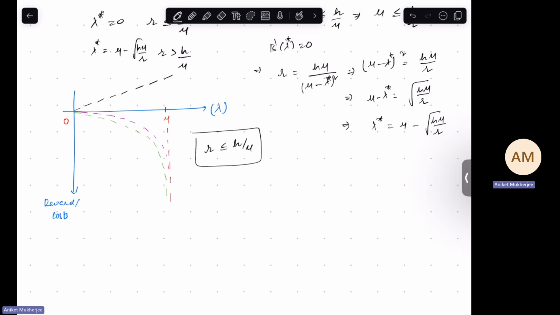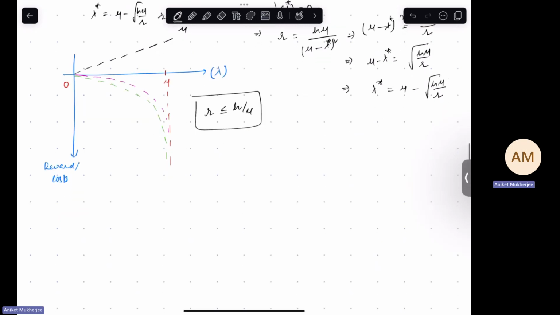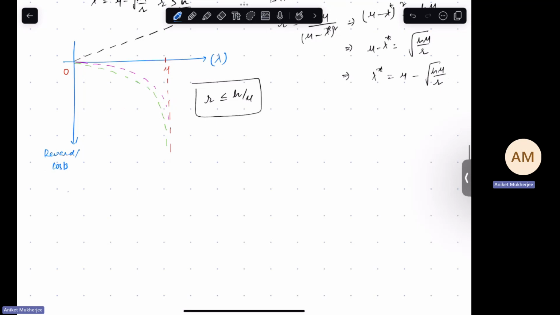So if the reward that you have given is very little, then you'll never beat the waiting cost that you incur with even a small amount of arrival. So what you need to do is you have reward and costs.